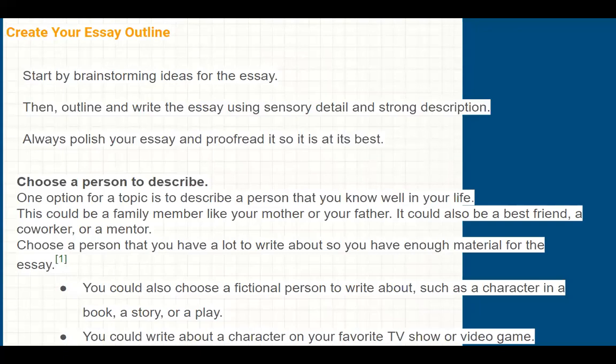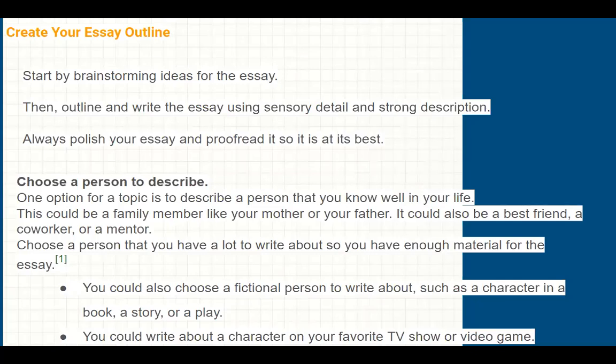So description of anyone could be of a best friend, a co-worker, a colleague, or your mentor, a teacher, the teacher you like best, the teacher you remember until now from school. Sometimes we have to write about our first teacher we met. So we need to go down memory lane and try to picturize the person.